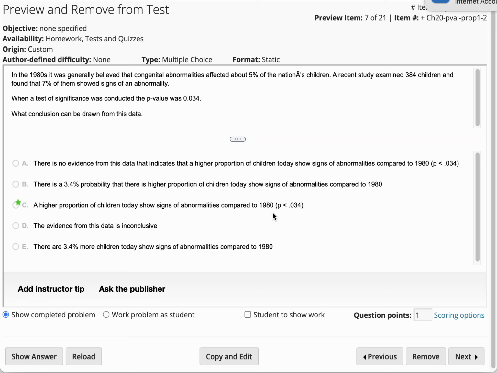And so I guess, if anything, the proportion is higher than it was in 1980. And all of the distractor responses don't hit the target at all.